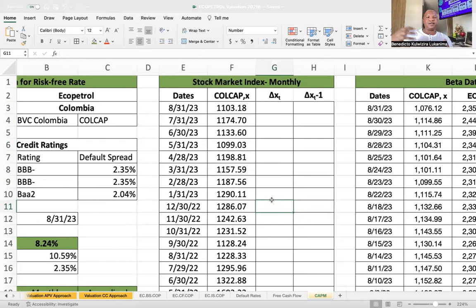But for a long-term expectation, it is preferred to use the population rather than a sample. Index data can be collected from any source. It can be Yahoo Finance. It can be from the specific stock market. It can be from investing.com. It can be from Bloomberg, anywhere.